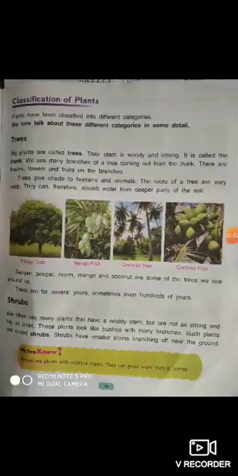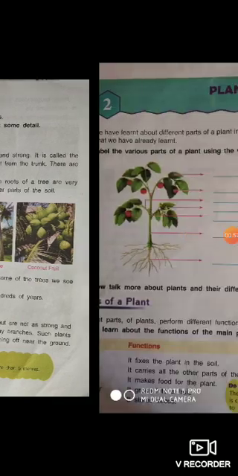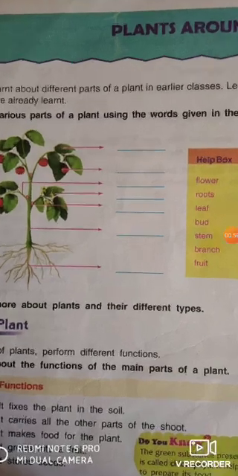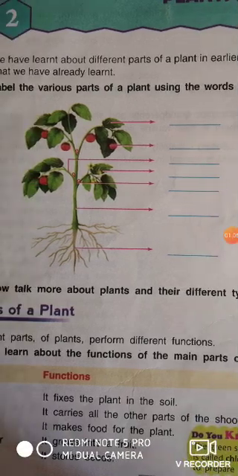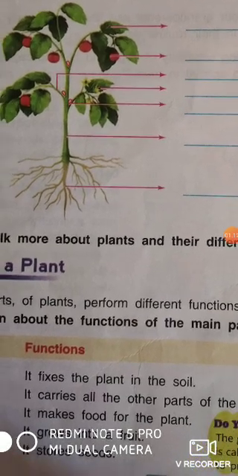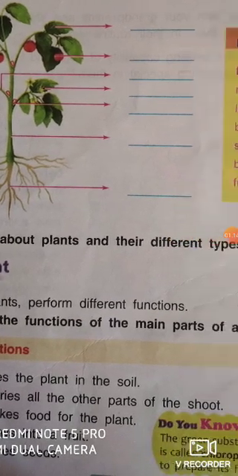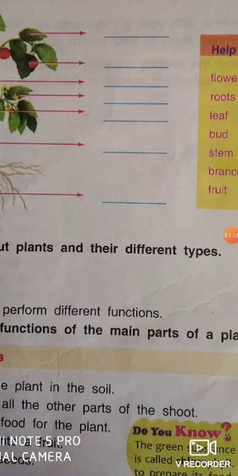I also explained the types of roots and the function of the parts of the plant. The function of the root is to fix the plant in the soil, and the function of the stem is to carry all the other parts of the shoot.